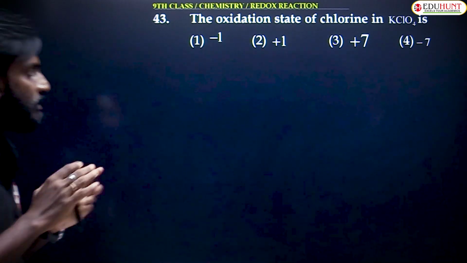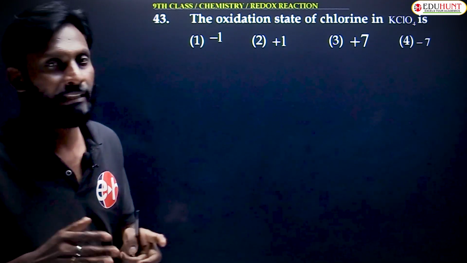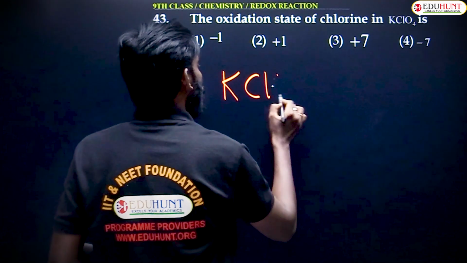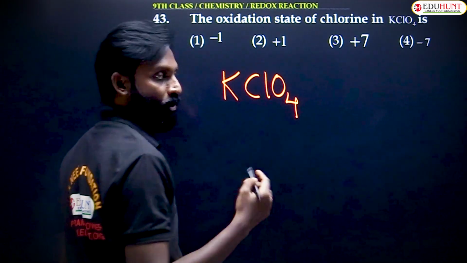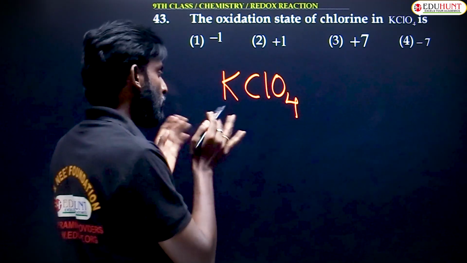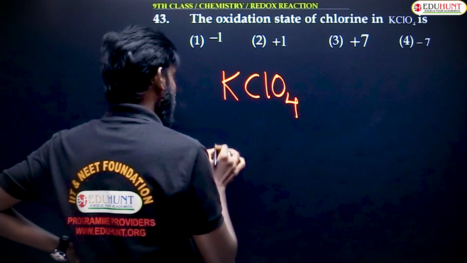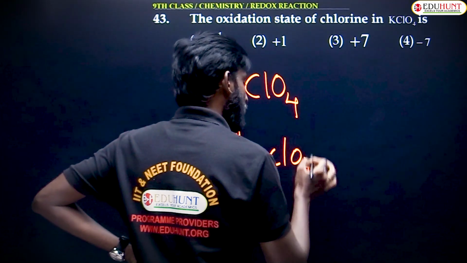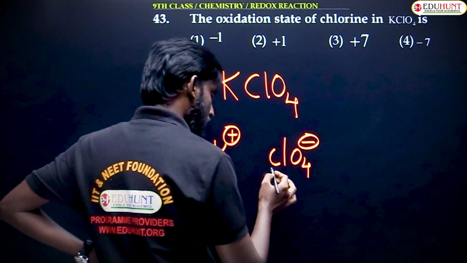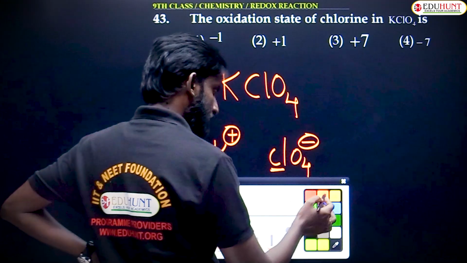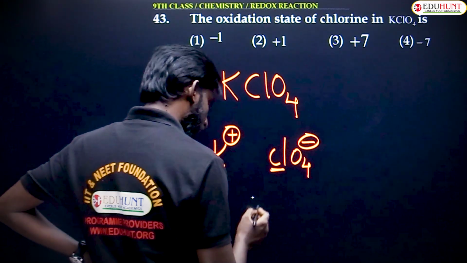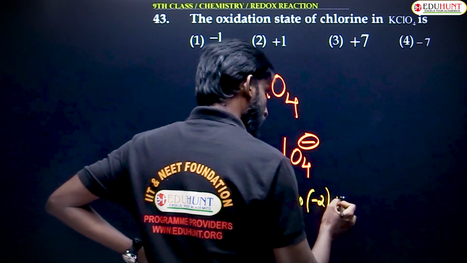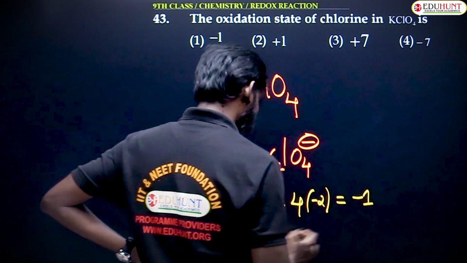Next, the oxidation state of chlorine in KClO4, potassium perchlorate. If you want to keep this potassium like this, you keep it. Otherwise, you can remove it, let us say K+ and ClO4-. So for the underlined atom chlorine, its oxidation state, let us say X plus 4 into 2 negative is equal to minus 1 charge present here.